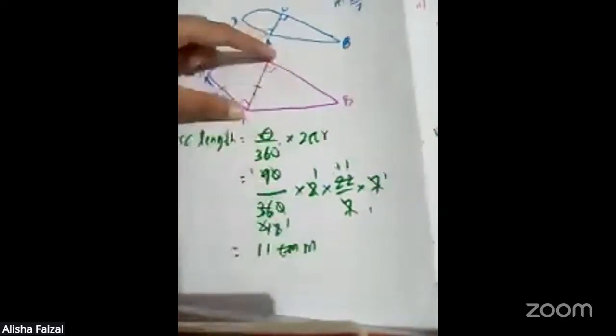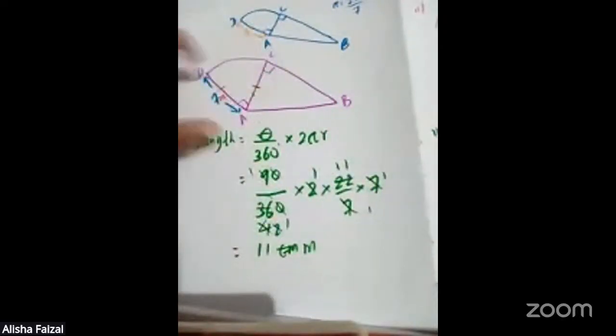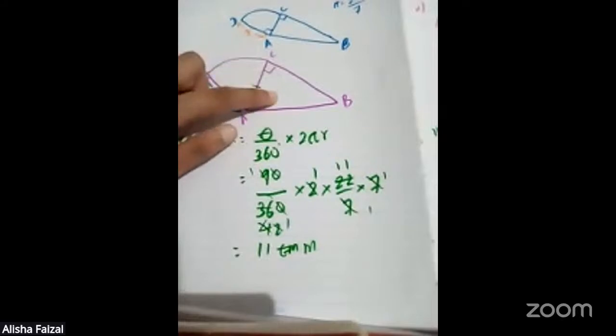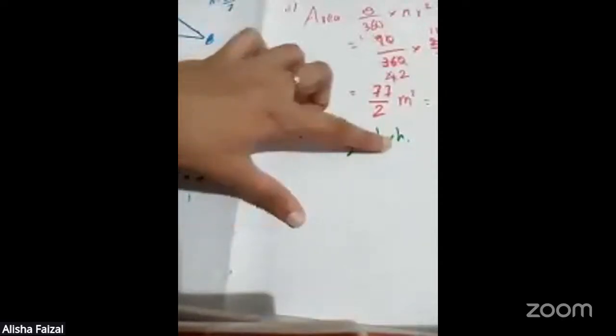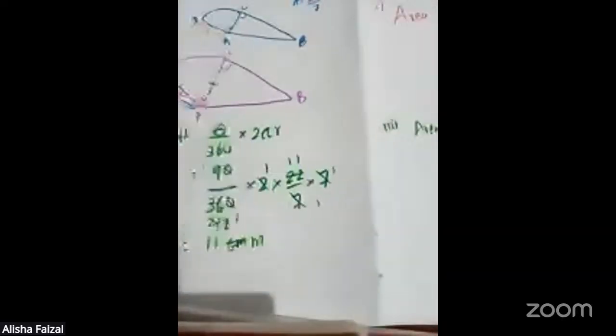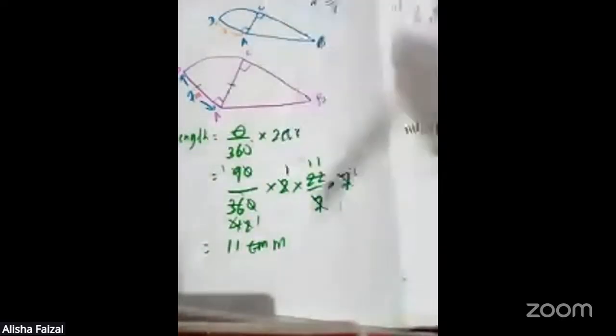Now we know the area is equal to half into base into height. What is the base in this triangle? Tell me in letters. You can unmute and talk.